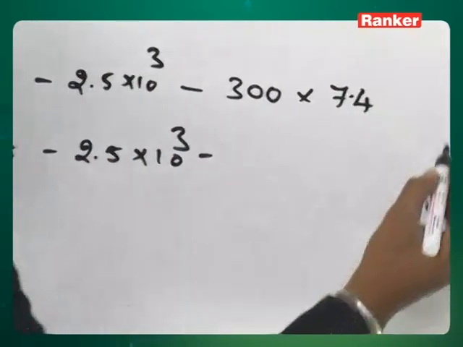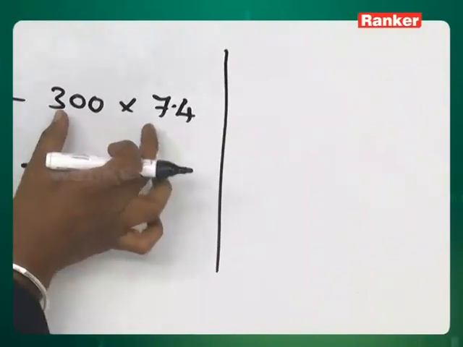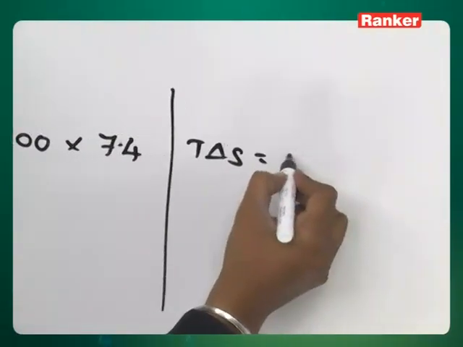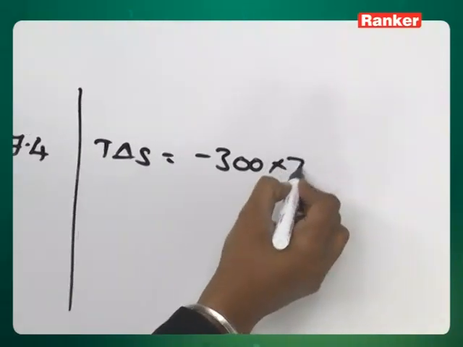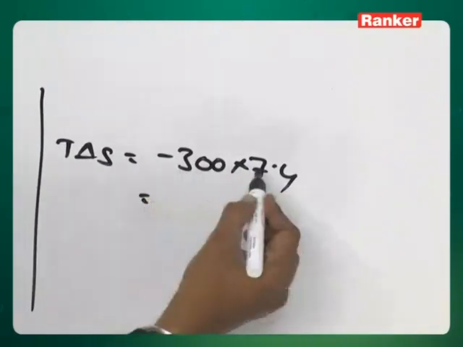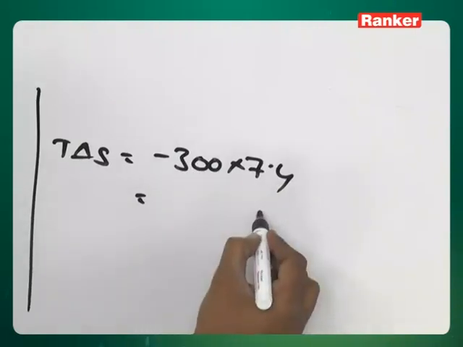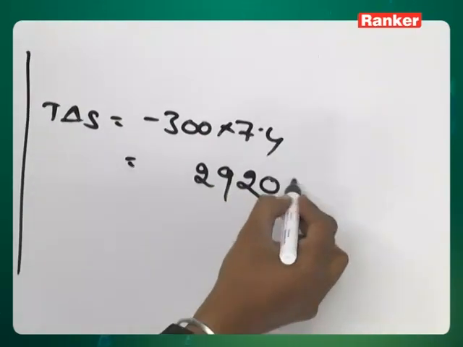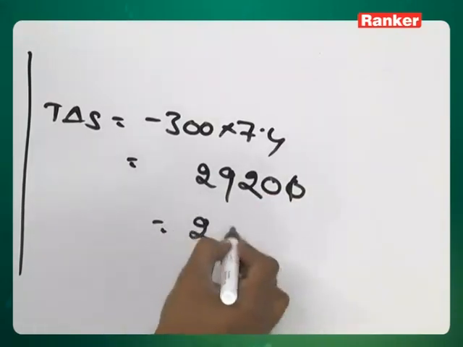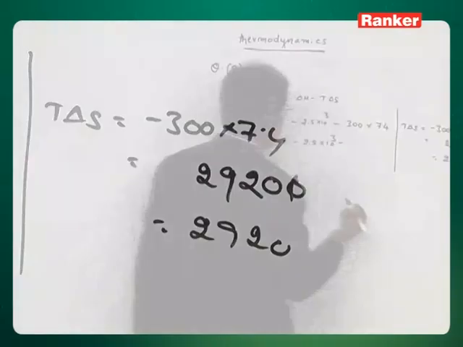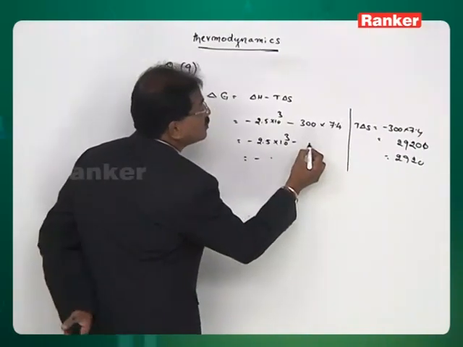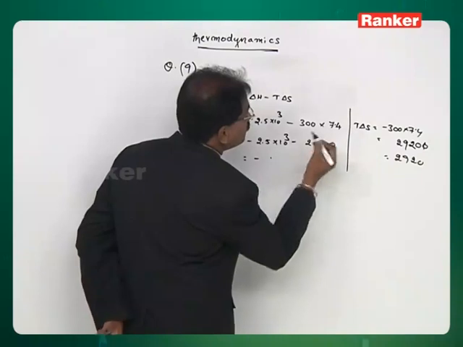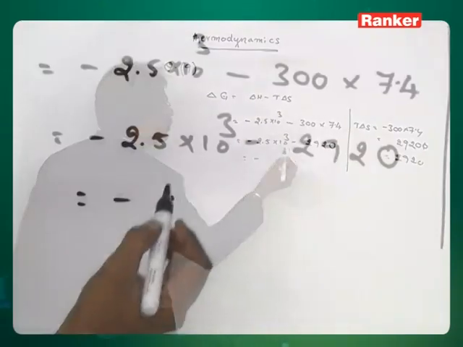Next, find out the magnitude of T del S. Magnitude of T del S is minus 300 into 7.4, which is minus 2920.